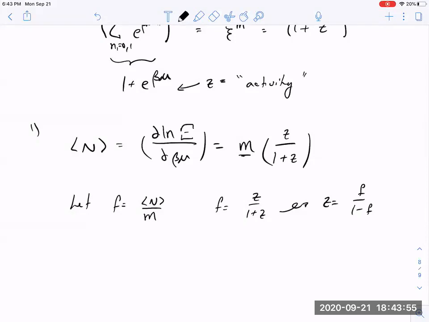Remembering that z is nothing but e to the beta mu, that tells me that beta mu, taking log of both sides, is nothing but log of f over 1 minus f.